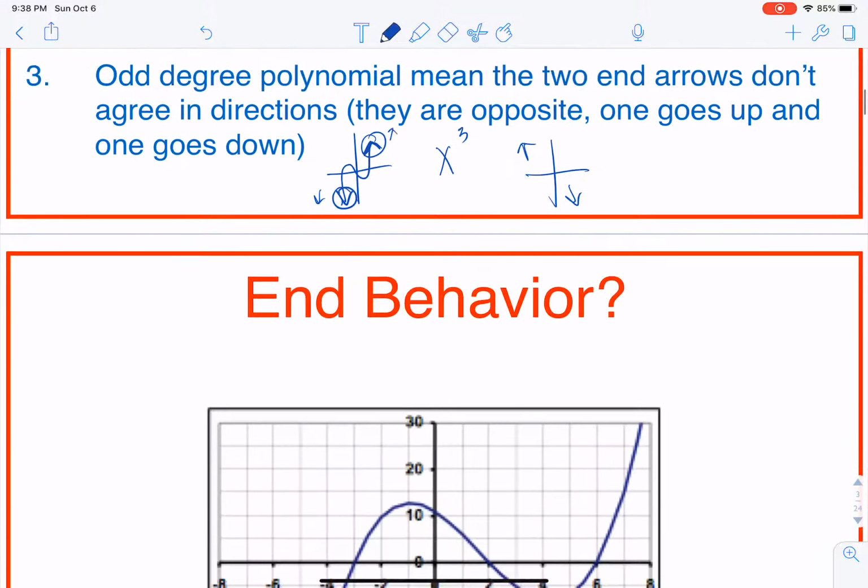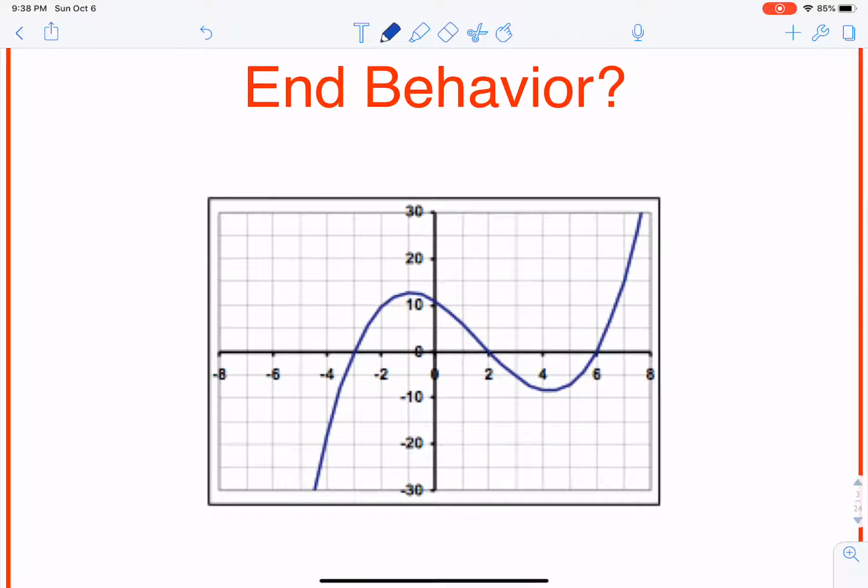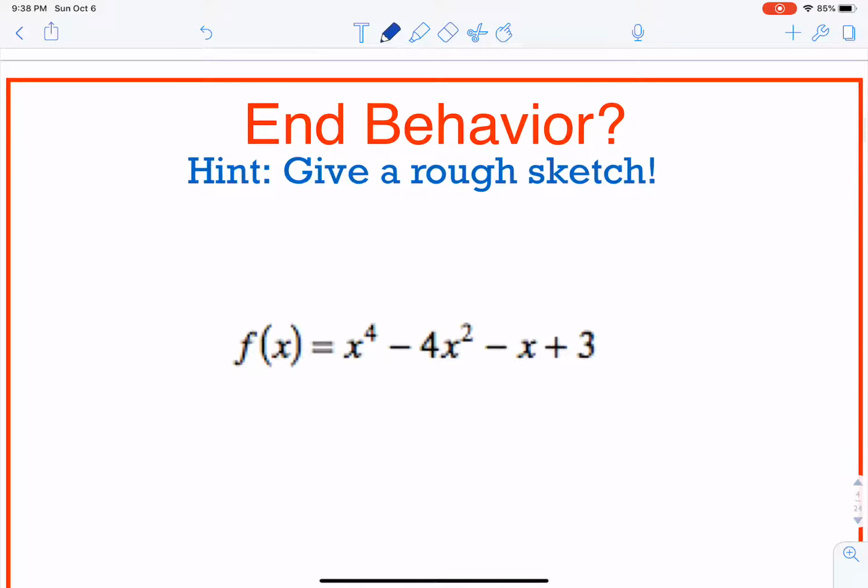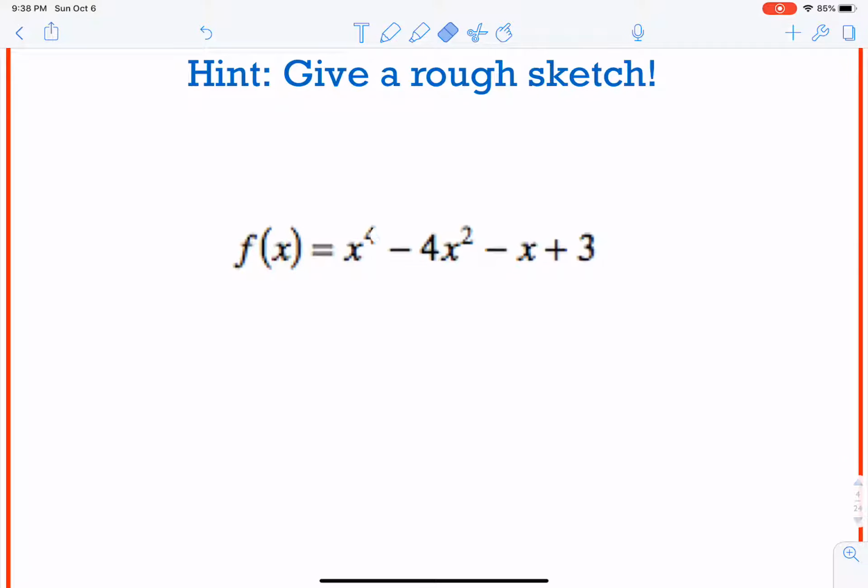So let's go through and do a few examples. Here I would say this is a polynomial that has an odd powered degree, so this could be something like x cubed. And because I'm positive, positive, and negative, negative, I know that this is a positive lead coefficient. Here, the degree of this polynomial is 4, and I have a positive 1 as my lead coefficient.